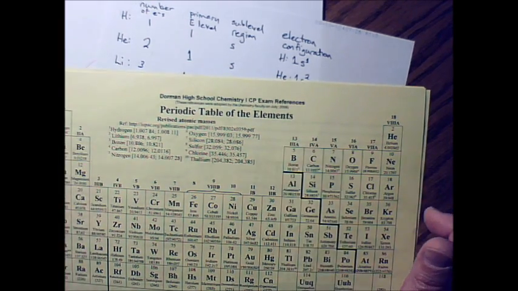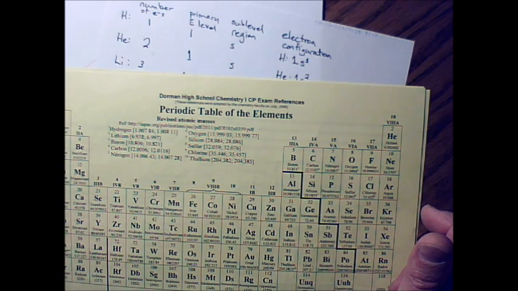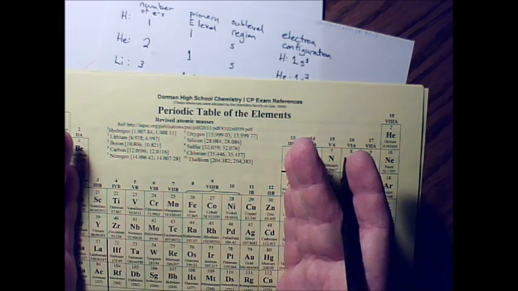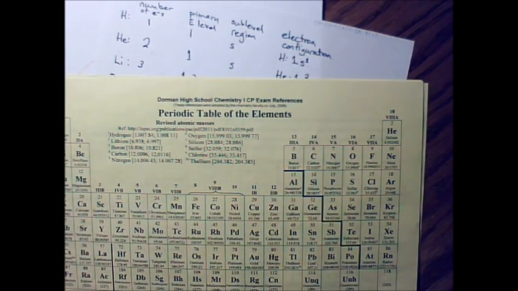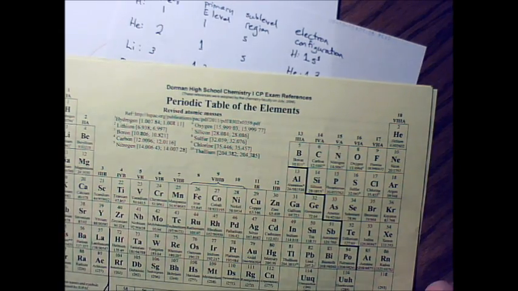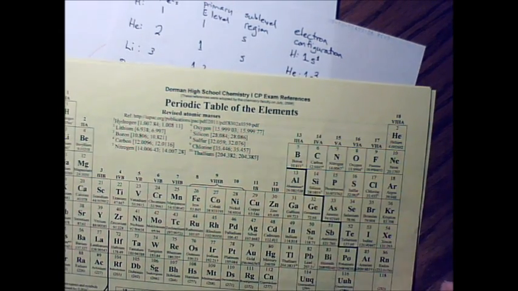So the s is 2, the maximum is 6 for a p, 10 for d. F is at the bottom. We're not going to do f. I just need you to know it's there. We don't go that far with f. We're going to stop right here.